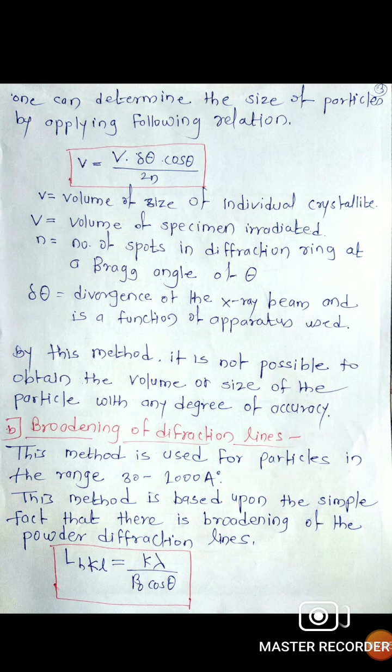Capital L means the mean crystalline dimension perpendicular to the plane. Then β0 is the breadth at half maximum of a pure diffraction profile in radians, and K is the constant generally taken as unity.